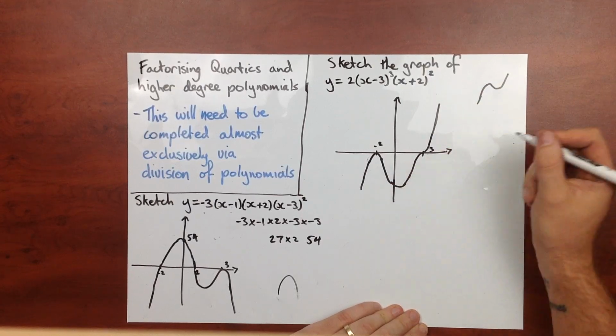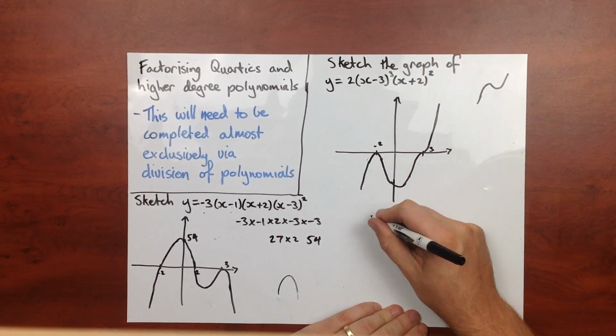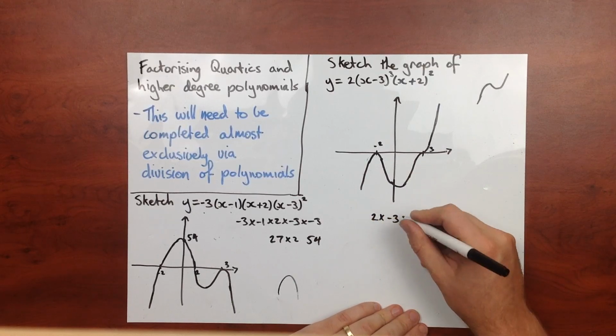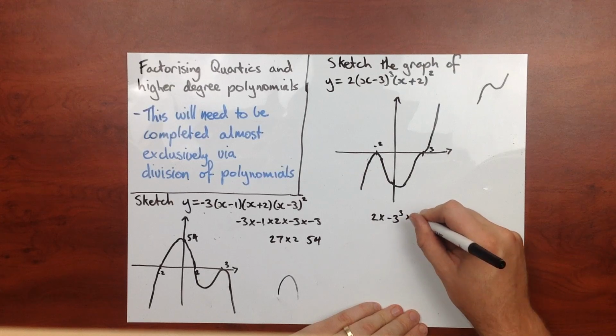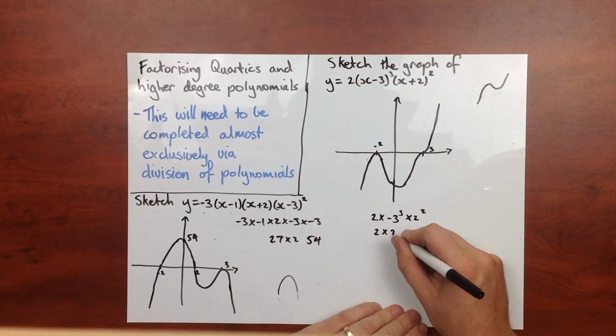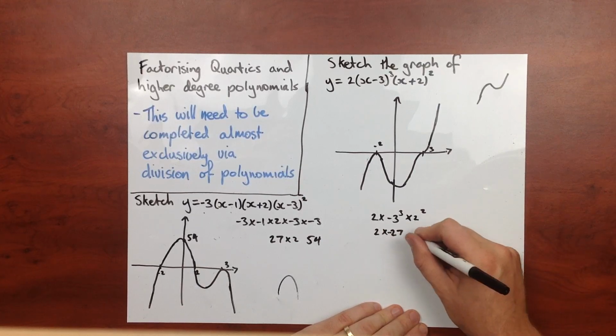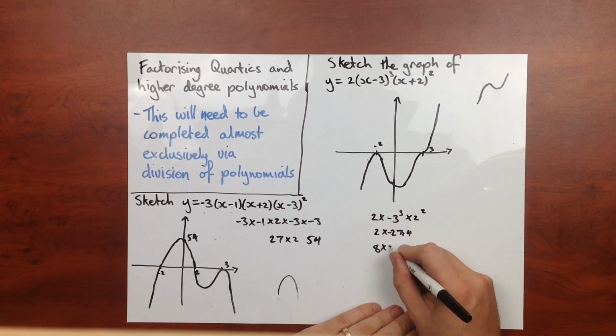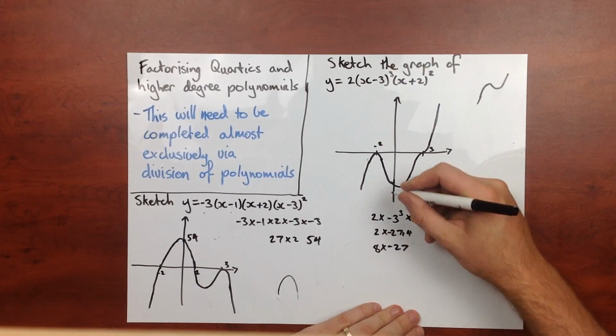Again, we haven't actually worked out our y-intercept, so we can do that. So we've got 2 times -3 cubed times 2 squared. So we can have 2 times -27 times 4, which is 8 times -27.